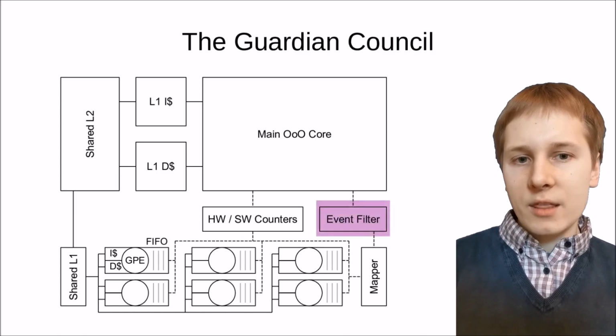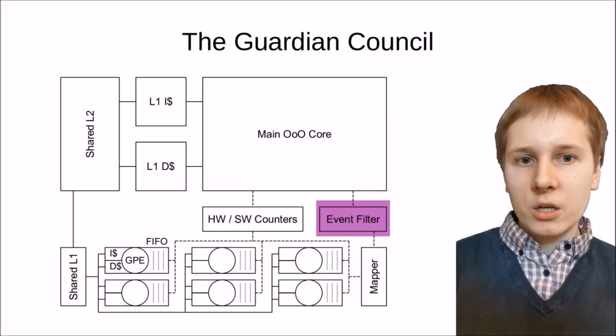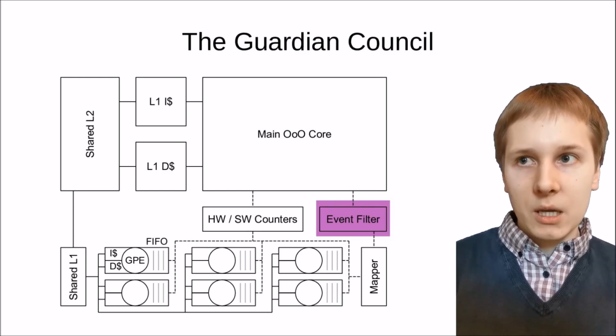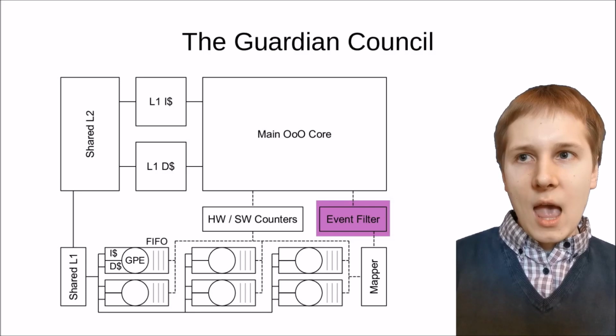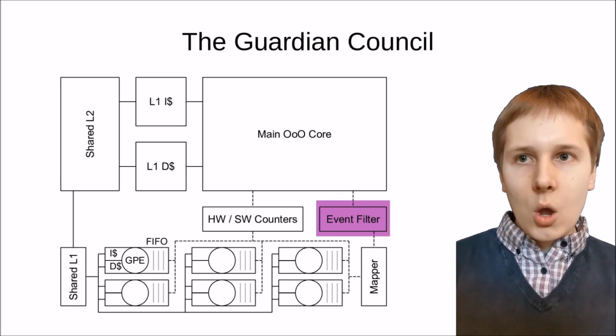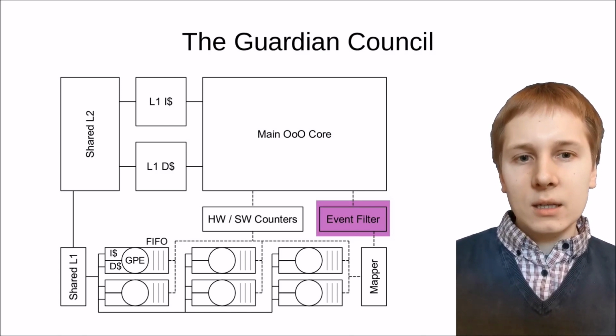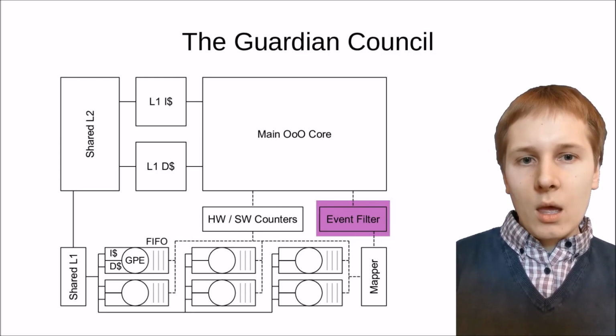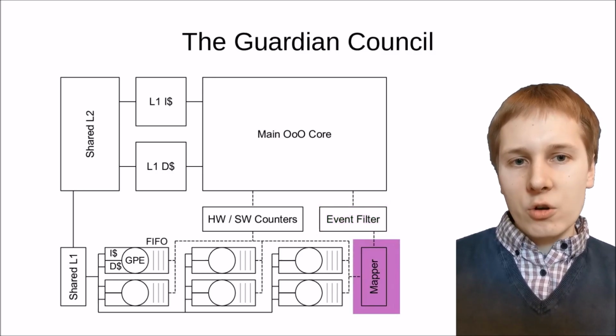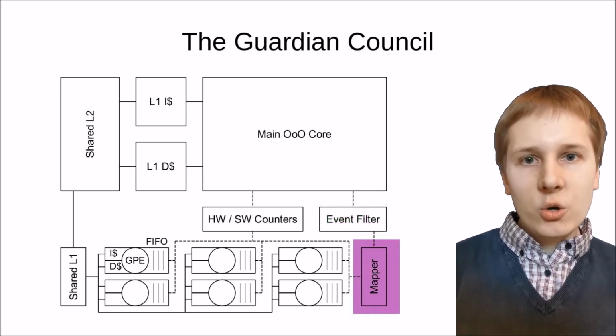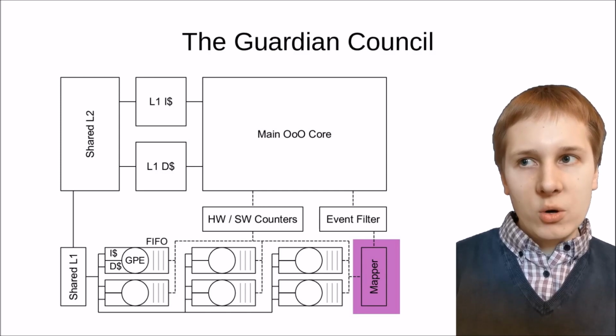The first thing we add then is this event filter, which tracks all of the committed instructions of your main programmable CPU and checks whether any of the Guardian kernels, which are programs that we will be running for security analysis on the little cores at the bottom, whether any of these little cores will be interested in that particular instruction at the moment. If they are, then we send this through to the mapper, which chooses which of our many little programmable units we're going to send this event to.